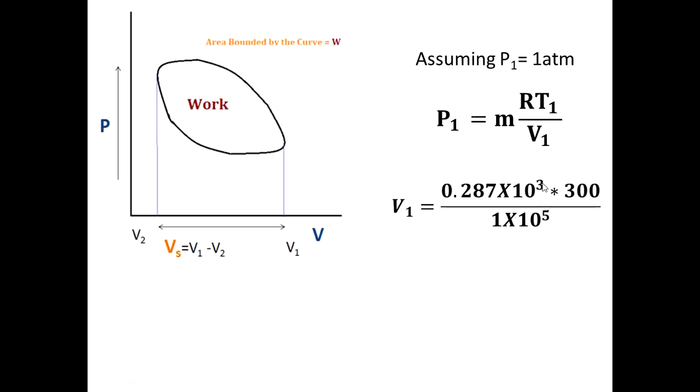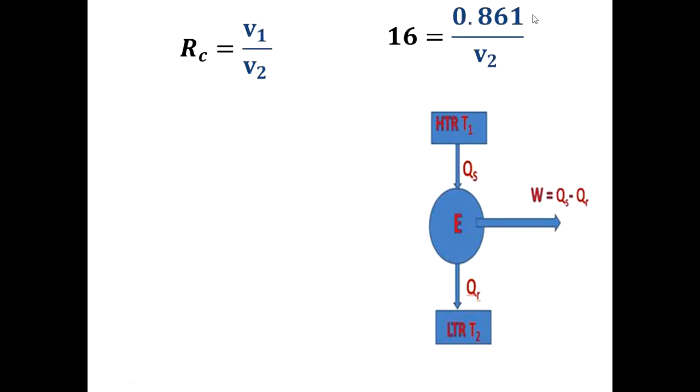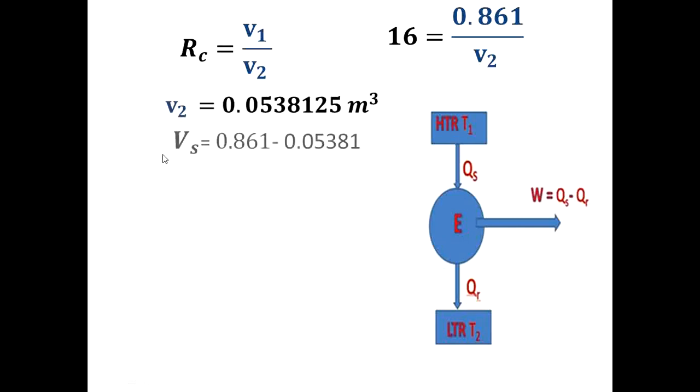Cross multiply and you get V1. The compression ratio rc is equal to V1 by V2, so 16 equals V1 by V2; put the V1 value and you get V2. Then swept volume is equal to V1 minus V2, which gives the swept volume.